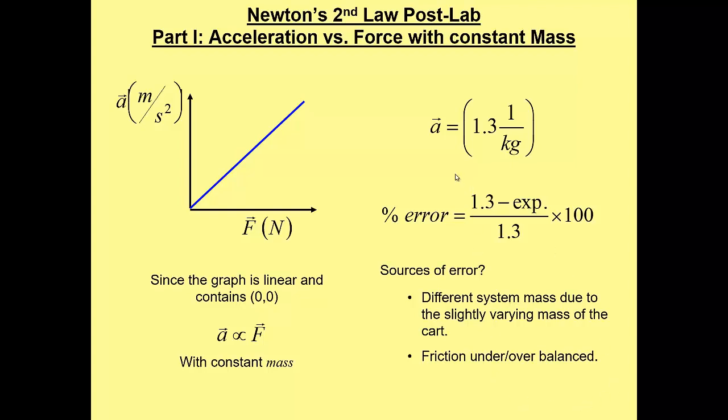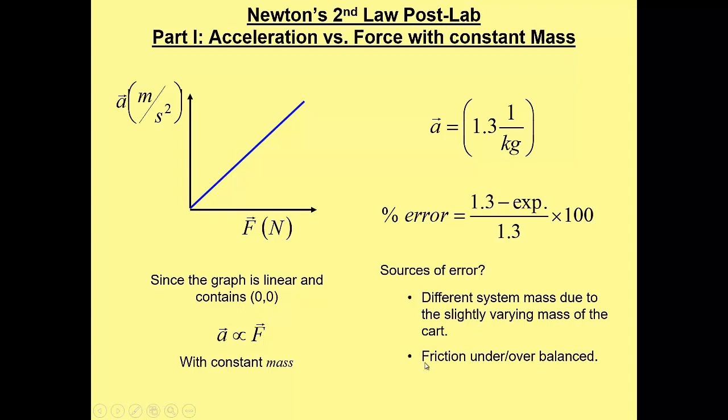And so probably most of your error is just how well I did this. I did not go high tech with this and make sure it was perfect. I just kind of eyeballed it and got it close. And obviously, it was pretty close because nobody was very far off. But that's probably where most of the error came from in this.